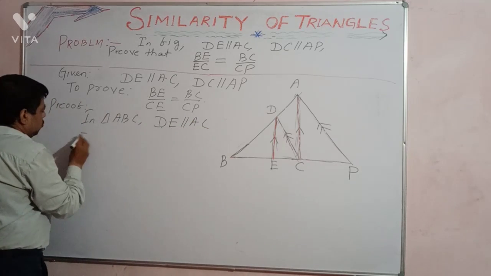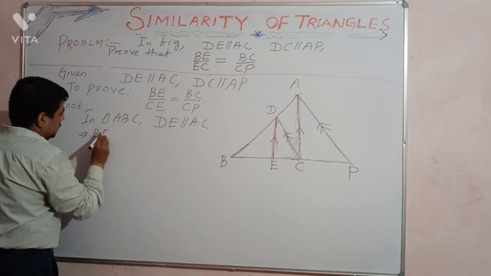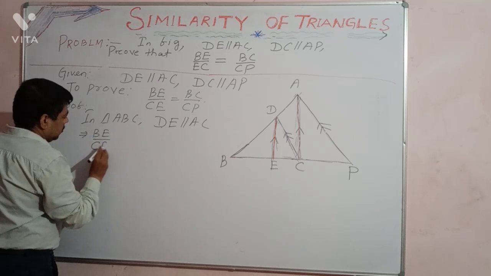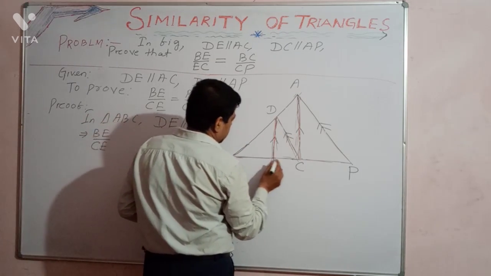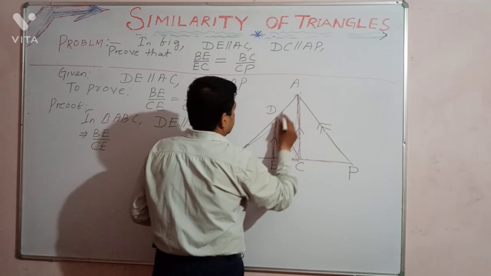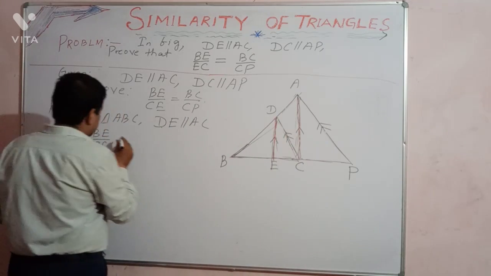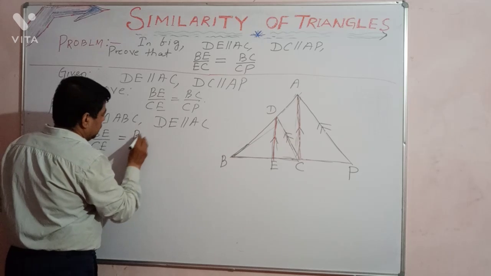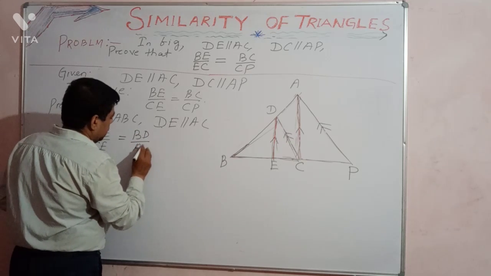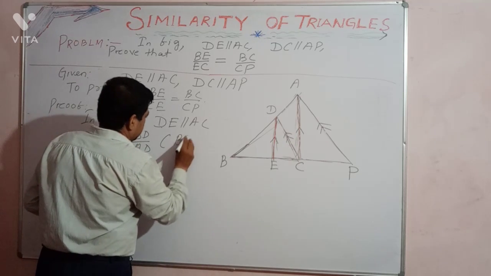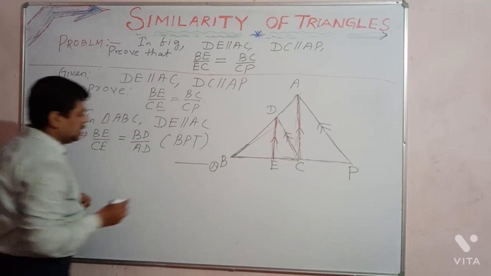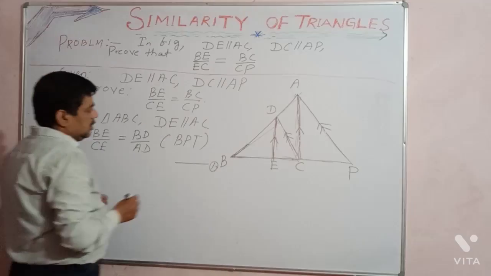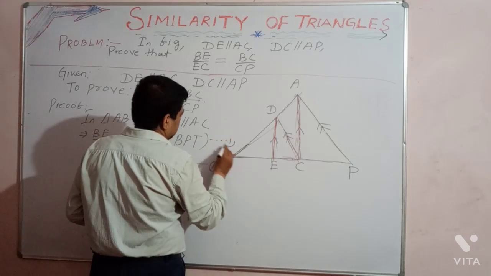So we can use BE upon CE. You see now DE parallel to AC, so BE upon EC is equal to BD upon AD by BPT. Is it clear? Understand? So this is the first one we got.